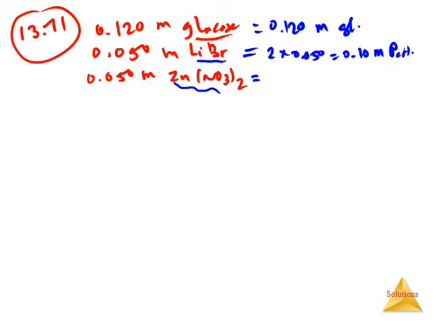So altogether you're going to have 3 times 0.050, and that's going to give you 0.150 molal particles. Because these are colligative properties, it depends upon how many particles are there. So some of these would break down just like lithium bromide and zinc nitrate.